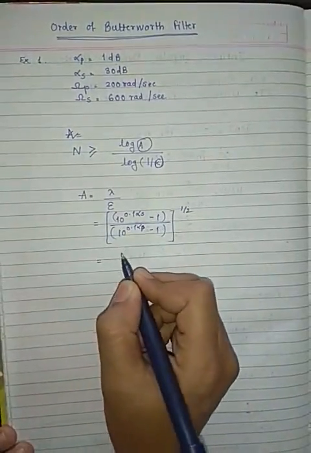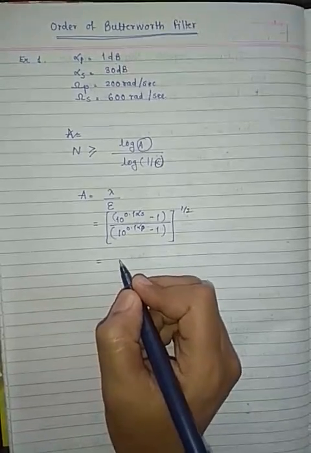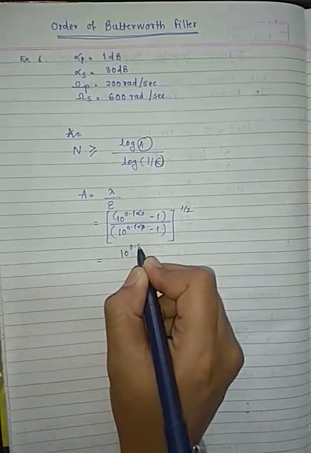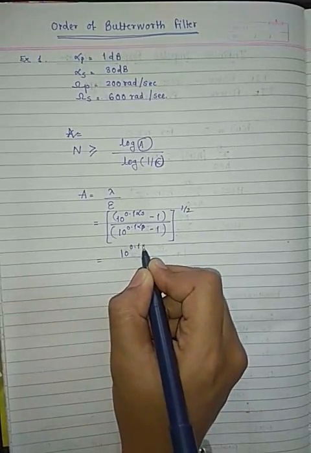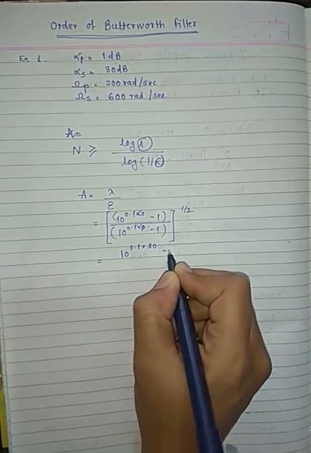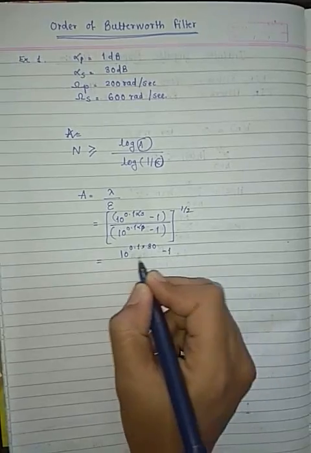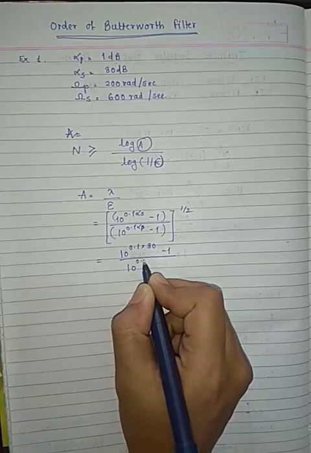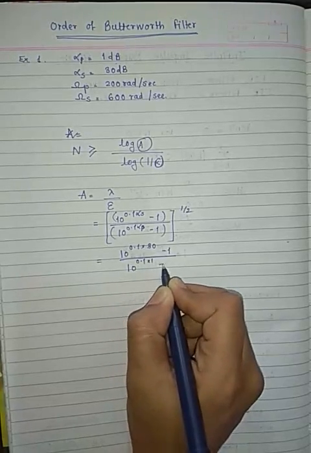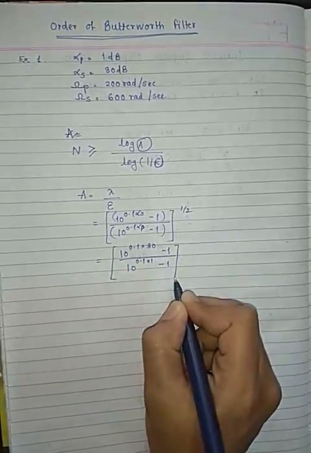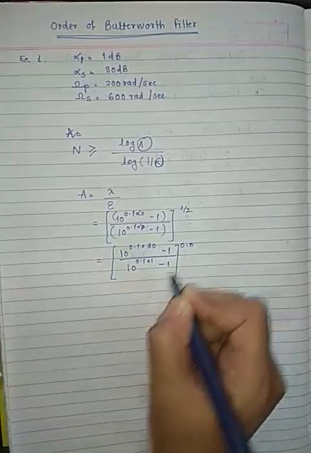Substitute the values here. Alpha s is provided, also alpha p is provided. So 10 raised to 0.1 multiplied by alpha s, which is 30, minus 1, divided by 10 raised to 0.1 into 1 minus 1, the whole raised to 1/2 or 0.5.